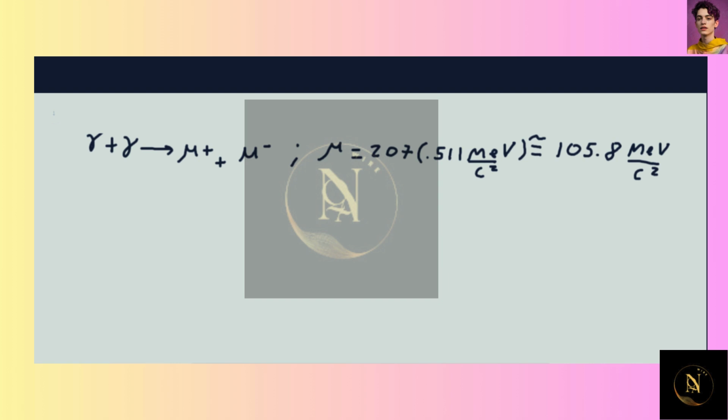Okay. So the minimum energy needed to make this muon is 105.8 MeV, but they come as a pair. We'll just look at one. All right, so let's look at the energy. Energy of the gamma is equal to hf, which is Einstein's expression for energy of a photon.